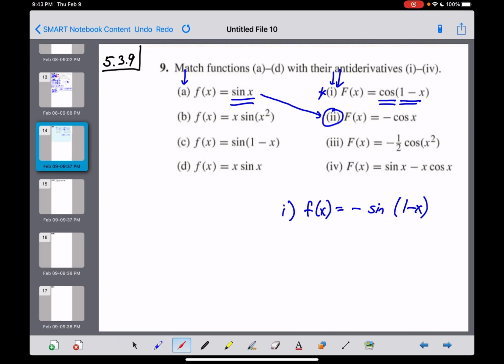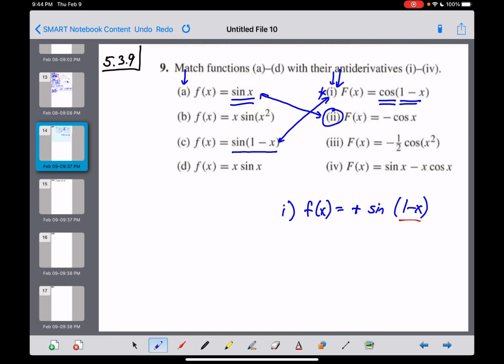The derivative of that 1 minus x is negative 1, and when I multiply this by negative 1, that negative becomes positive. And that, you will notice, sine of 1 minus x is option C here. So C and 1 are going to go together right there, just like A and 2 went together.